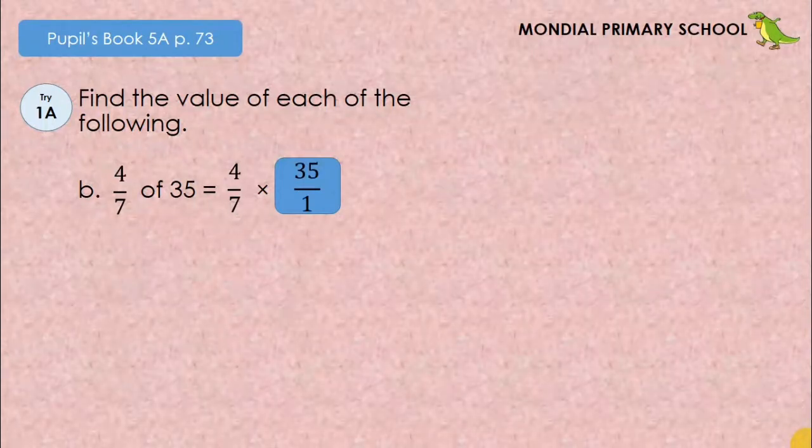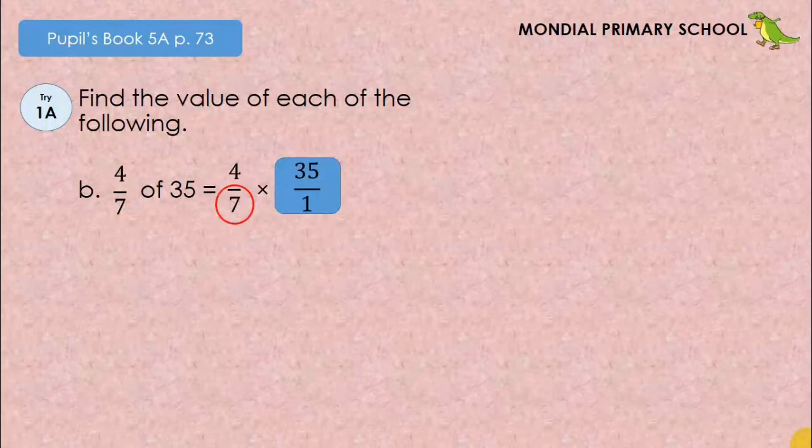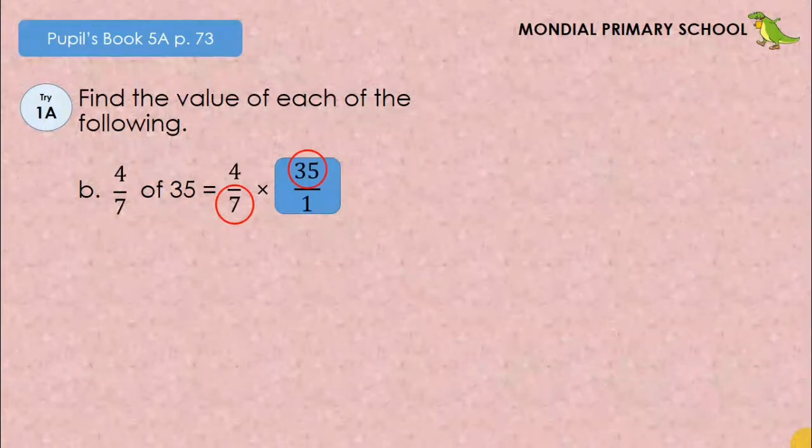You can simplify the fractions before multiplying them by dividing the numerators and denominators by the same numbers or their common factors. Are there any numerators and denominators that can be divided by the same numbers or factors? Yes, the denominator 7 of the first fraction and the numerator 35 of the second fraction have a common factor, that is 7. So, they can be divided by 7.